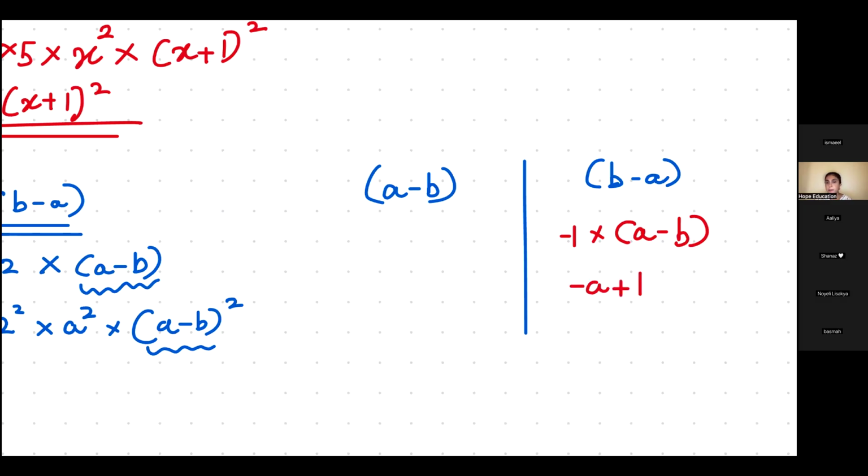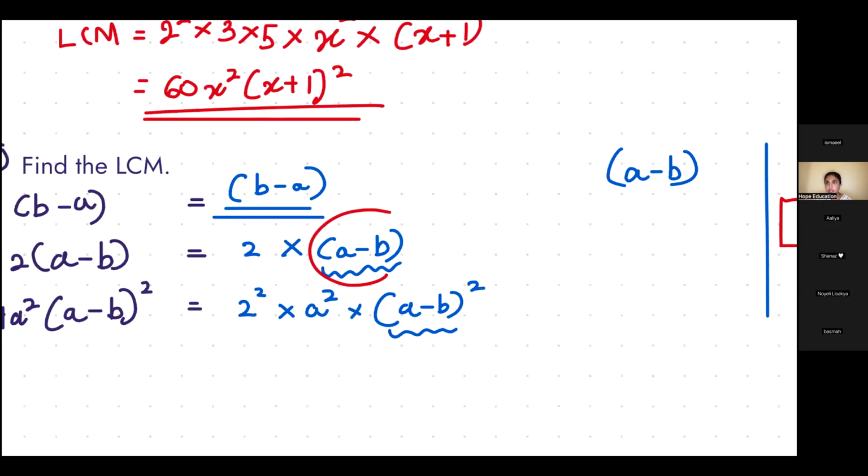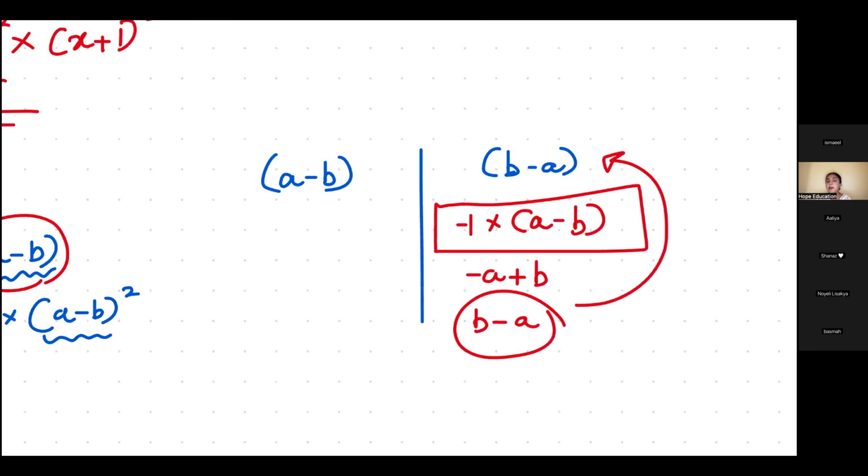So plus b minus a, with b in front and a at the back, is b minus a. We can write it like this, because what we want is actually just to somehow have a minus b in the expression, right? But here we have b minus a. We convert b minus a to a minus b by multiplying it by minus 1.